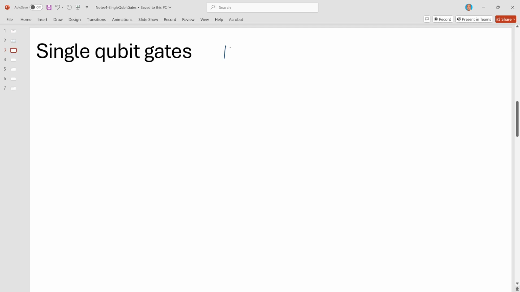So this state psi, which I wrote as (A, B), I can also write as A times |0> plus B times |1>. Let's say that we apply a unitary operator on this, and we get some state psi prime.